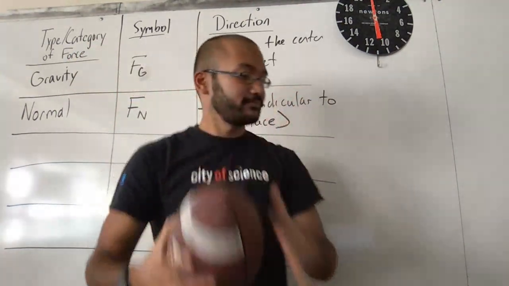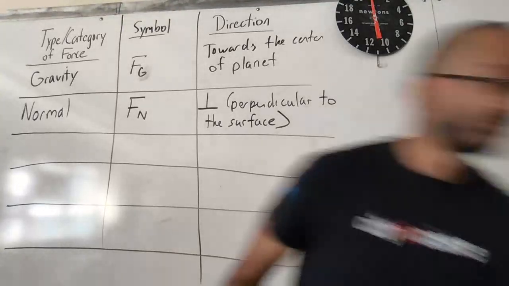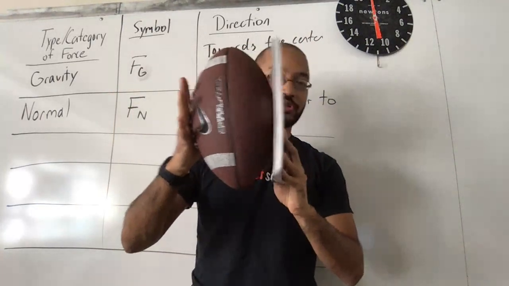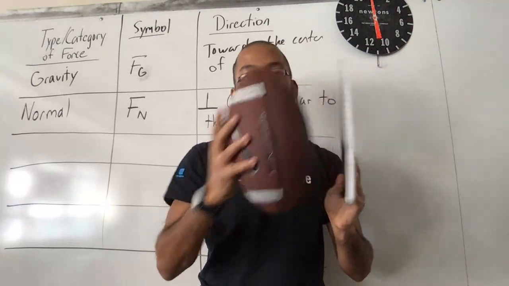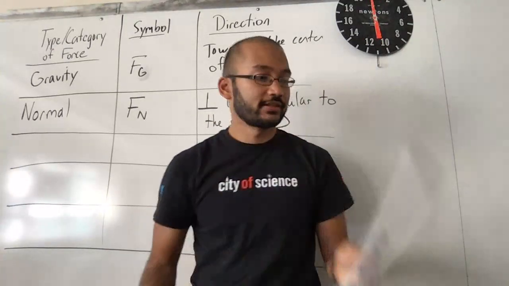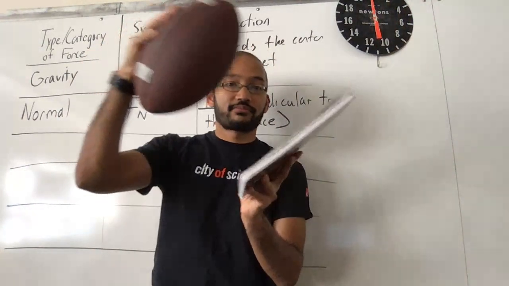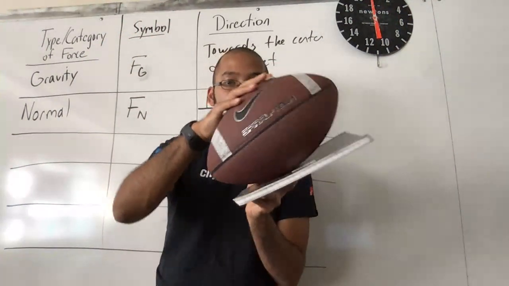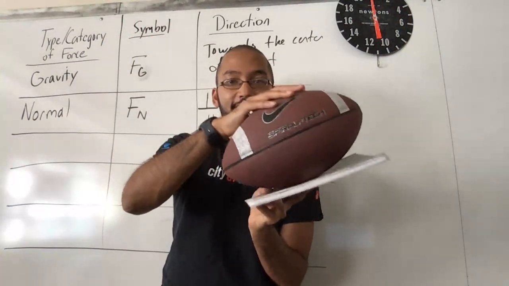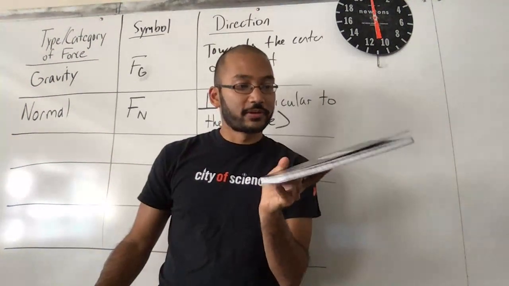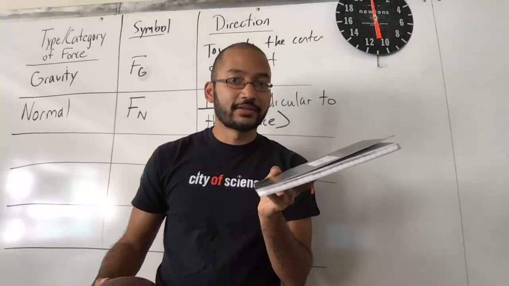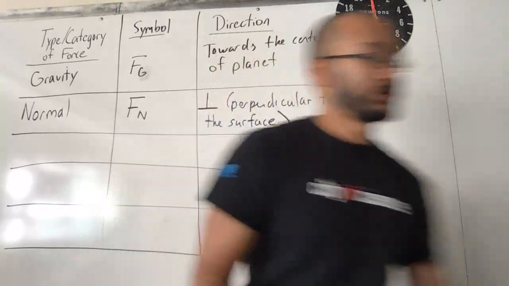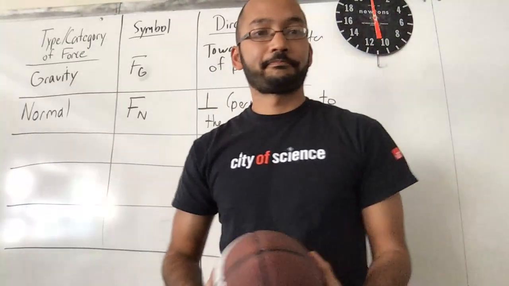So when I push in this direction, the book pushes back perpendicular to the surface. That's the idea. Something to keep in mind, when the football is pressing at an angle, the force that the book exerts on the football is also at an angle. So it's always going to be perpendicular to the surface. We'll look at that a little bit more later.